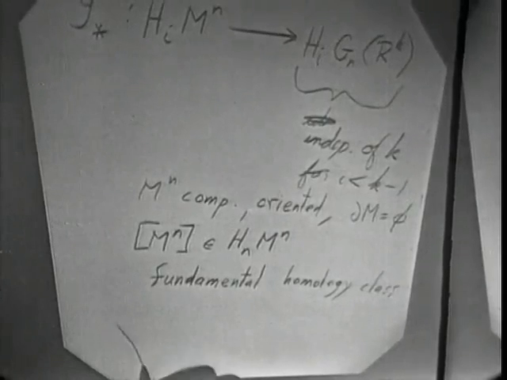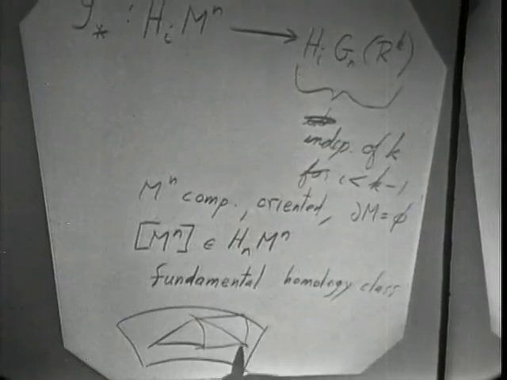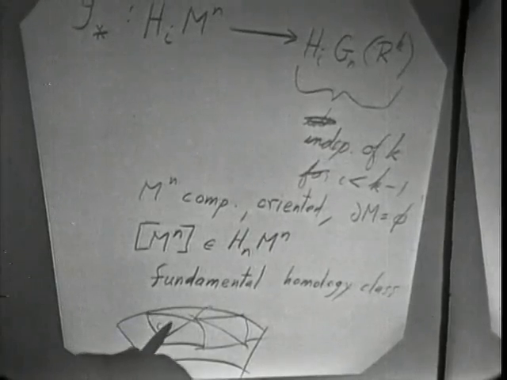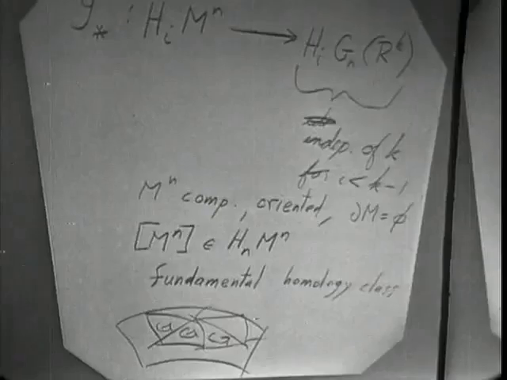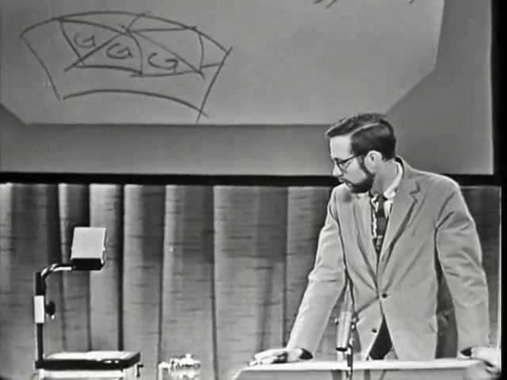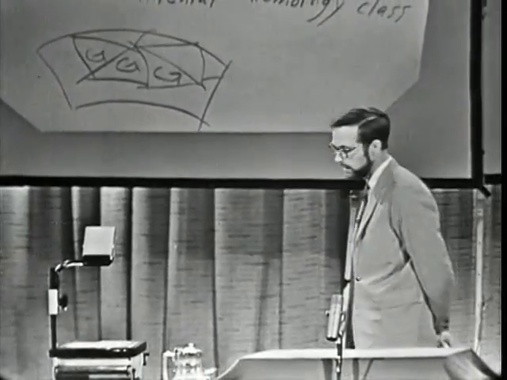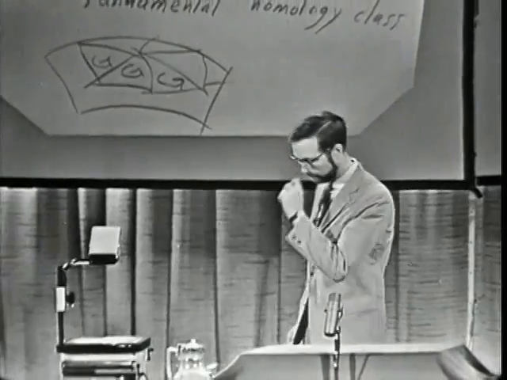For those of you who are somewhat familiar with homology theory, if we cut the manifold up into little triangles, or simplexes of dimension n, give each of them the orientation determined by the orientation of M, then if we add up all of these n-dimensional simplexes oriented in this way, we'll get an n-dimensional cycle, and this cycle determines the fundamental homology class of M.